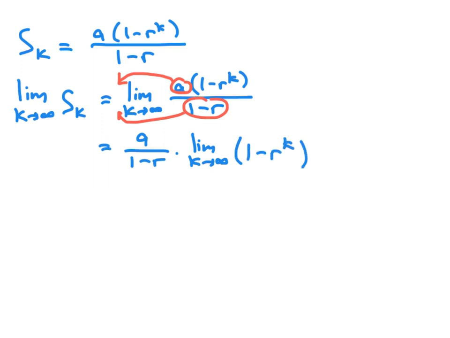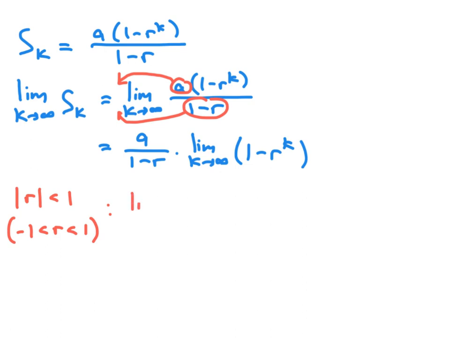And so we now have a relatively simple limit, 1 minus r to the k, as k goes to infinity to compute. At this point, we have to start considering what happens for particular values of r. For example, let's suppose for the moment that the absolute value of r is strictly less than 1. In other words, we have a value of r that is somewhere between -1 and +1, not including either of those endpoints.